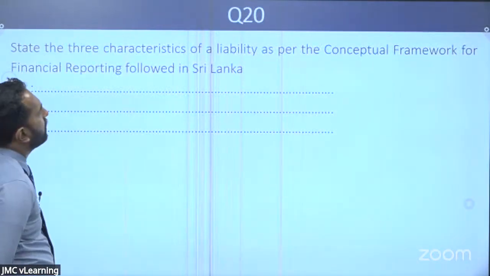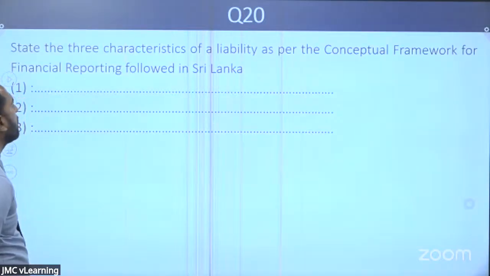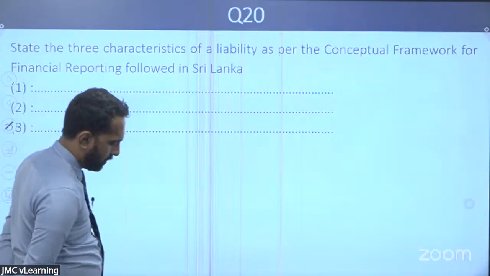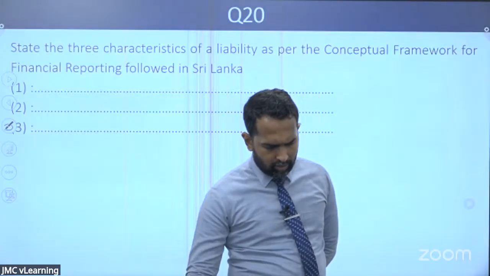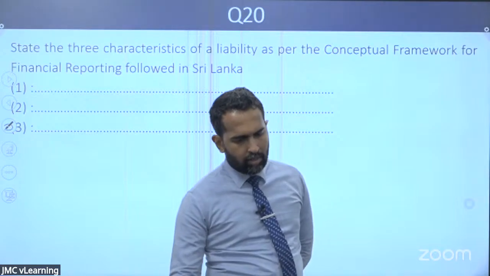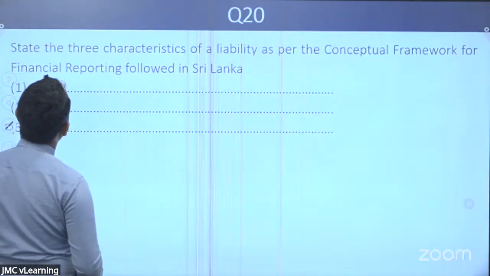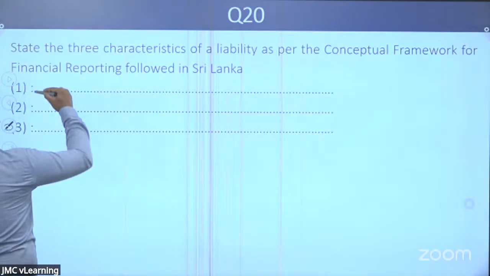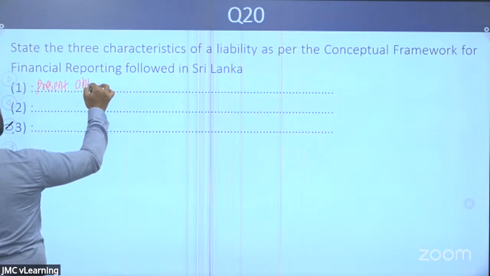Look at question number 20. State the three characteristics of a liability as per the conceptual framework for financial reporting. So what are the characteristics of a liability? In order to be a liability, you need to have a present obligation.